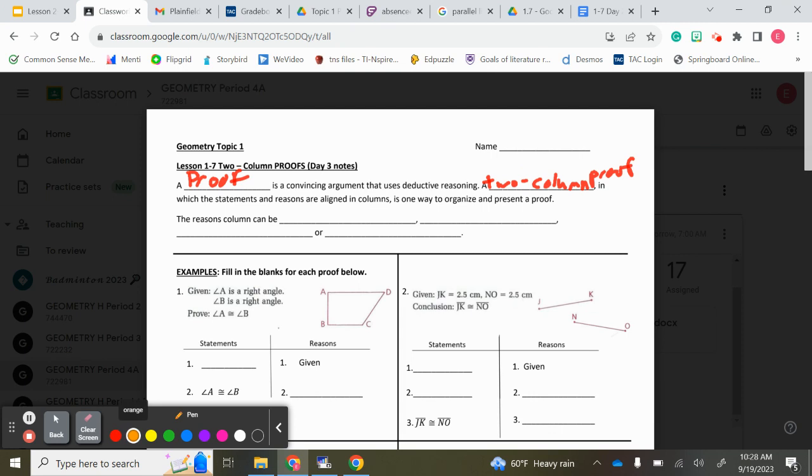The reasons column can be properties, definitions, postulates, and theorems.